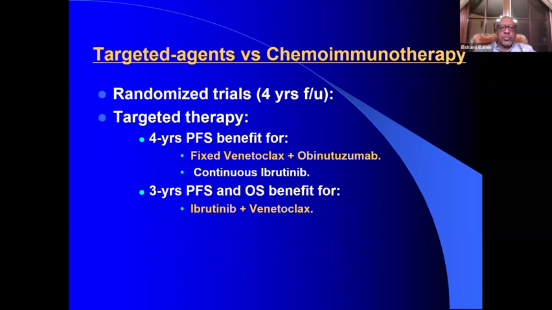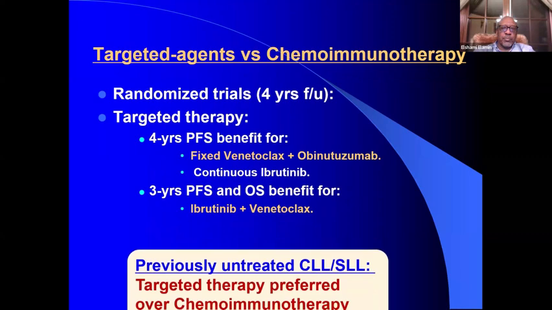The 3-year PFS and overall survival were also in favor of ibrutinib and venetoclax. So basically, the randomized trials favor targeted therapy over chemoimmunotherapy like FCR or BR, bendamustine-rituximab.